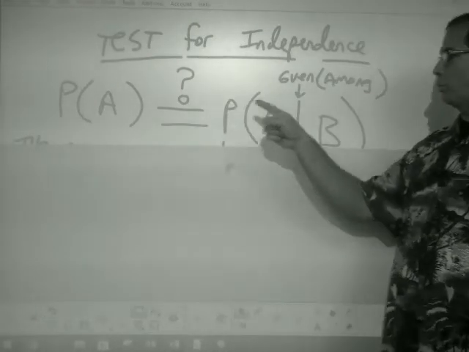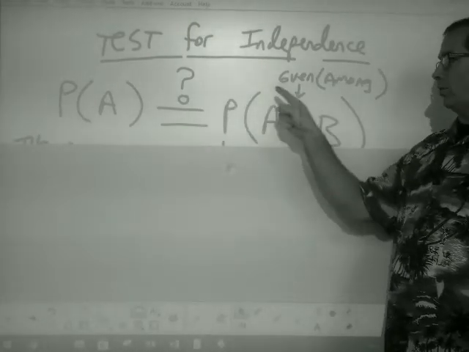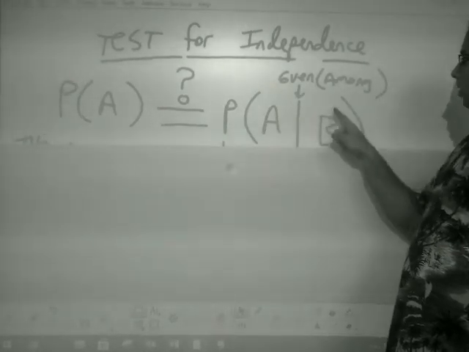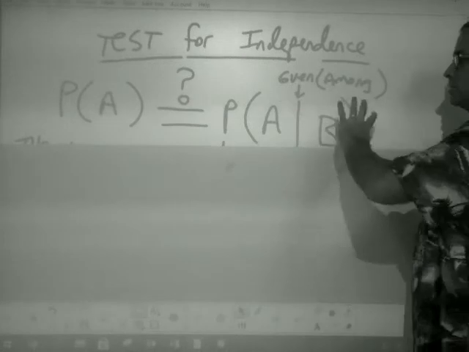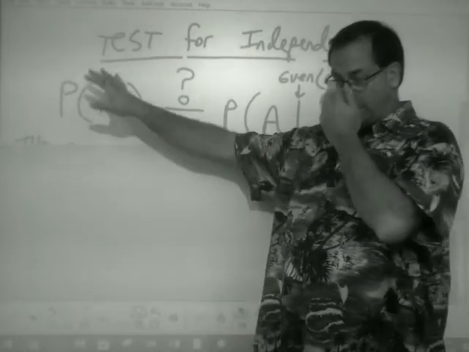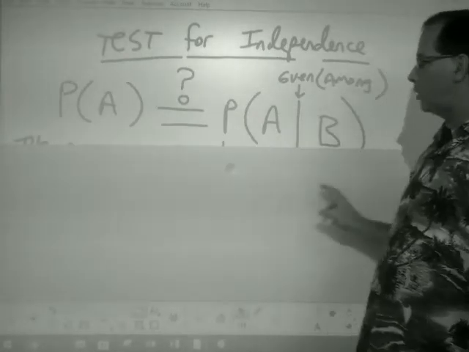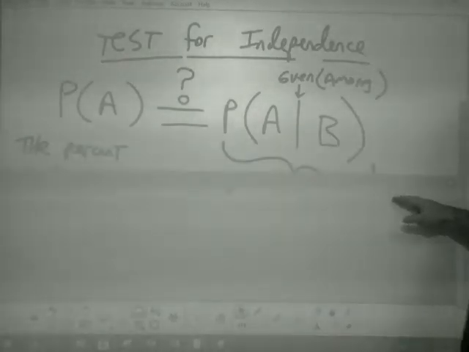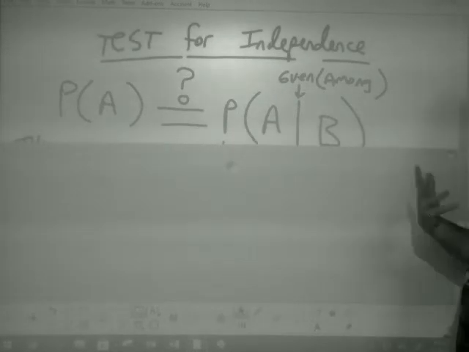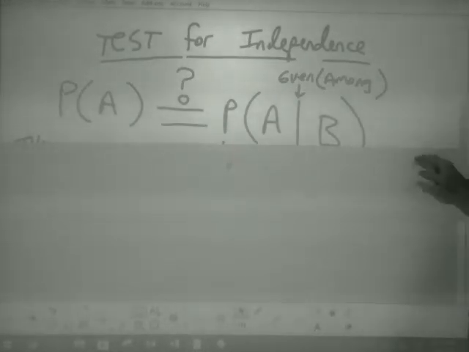The percentage or proportion of that same variable, but given or among the other variable. So this is like a conditional piece, and this is a marginal piece. And if they are equal, then, or not equal, it will tell us a little bit about independence, and we'll talk about that in a second.